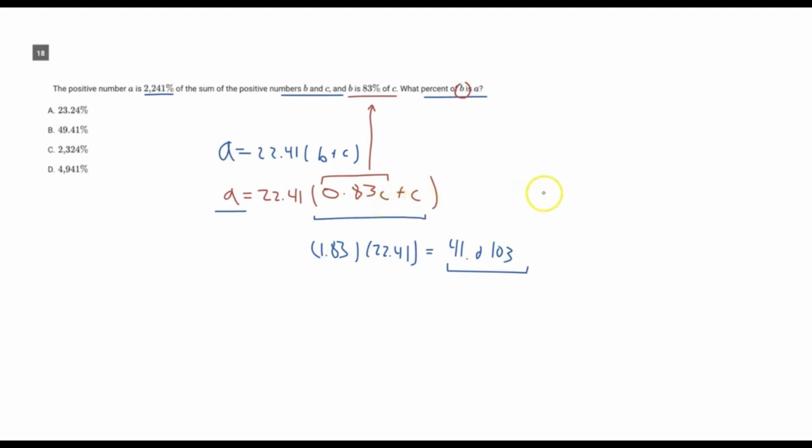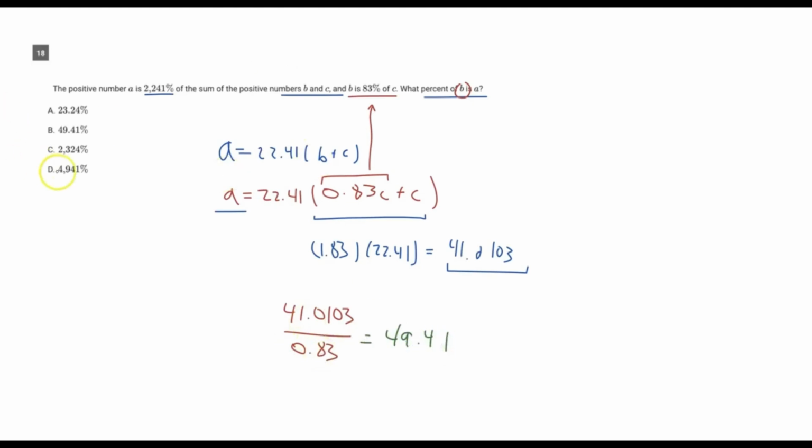And so in reality, our B value, quote unquote, is going to be 0.83 in this case. And so what we can do is just set 41.0103 over 0.83.